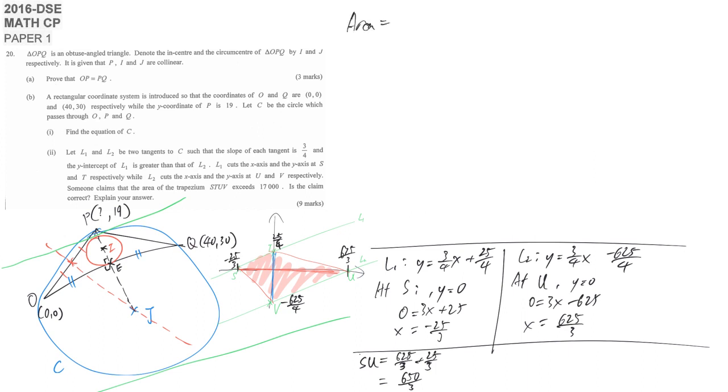Therefore, the area is equal to this triangle with height 25 over 4 plus this triangle with height 625 over 4. So it's 1 over 2 times the base times the total height.